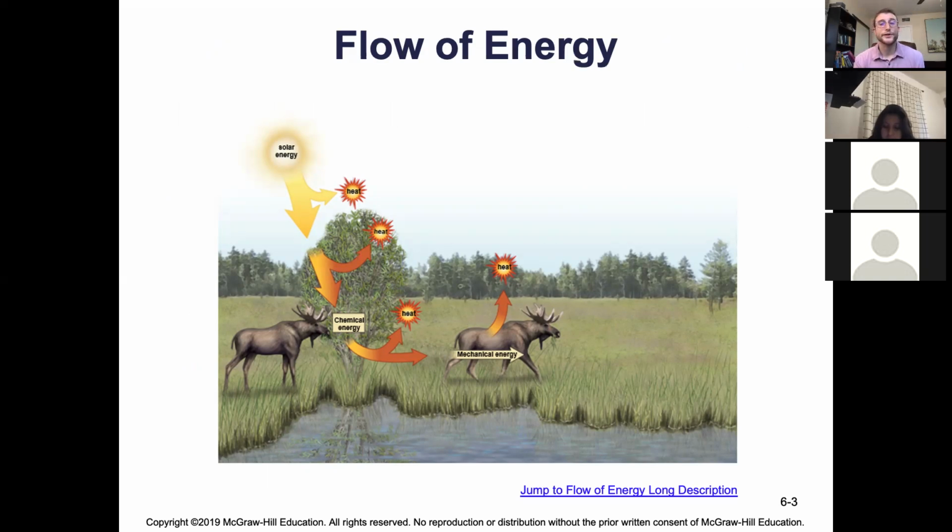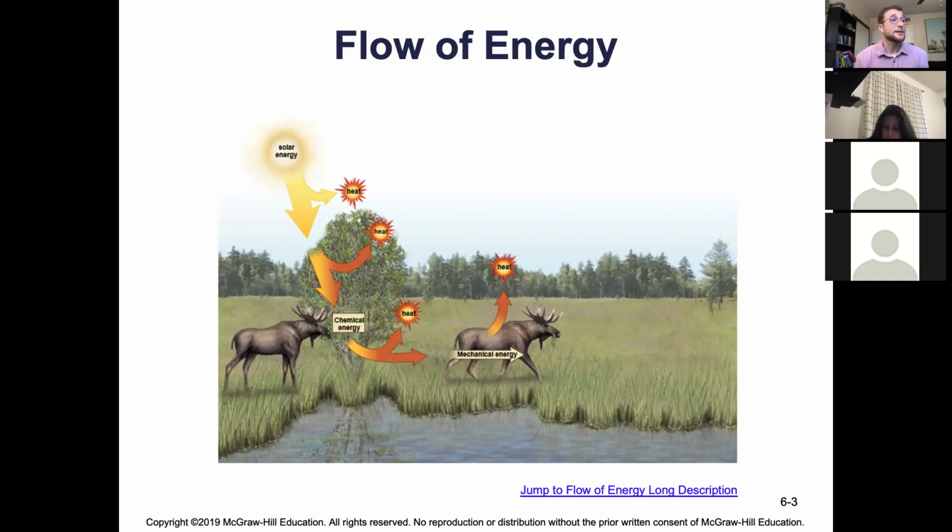So this is a nice little diagram that we're going to break down. Every source of energy comes from the sun, which I'm sure you guys know. That's where all of this energy is coming from. The sun transfers the energy, and it's collected by plants. Most of it is not absorbed and is instead released as heat, which we can feel.